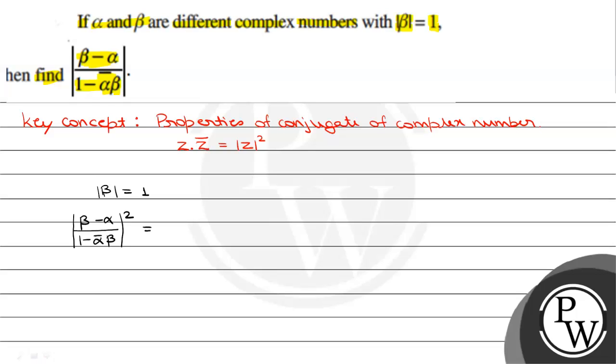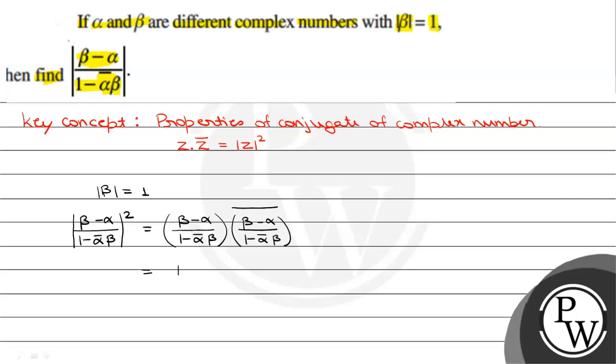This can be represented as (beta minus alpha) upon (1 minus alpha conjugate beta) multiplied with (beta minus alpha) upon (1 minus alpha conjugate beta) whole conjugate. Okay, let's simplify it.